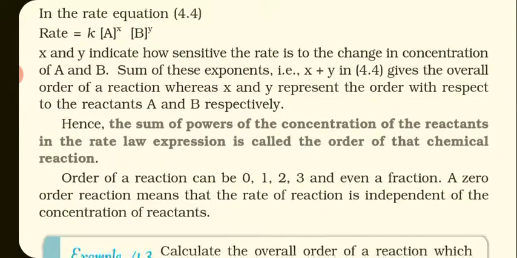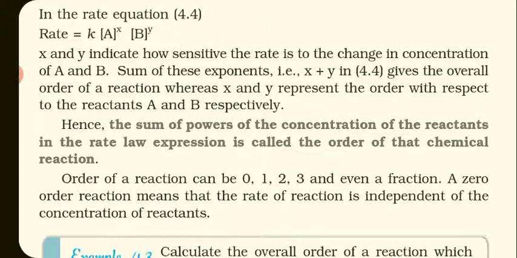So in rate equation 4.4, the rate of reaction, that is dr upon dt, is equal to K A raised to power x multiplied by B raised to power y, where x and y indicate how sensitive the rate is to the change in the concentration of A and B respectively.